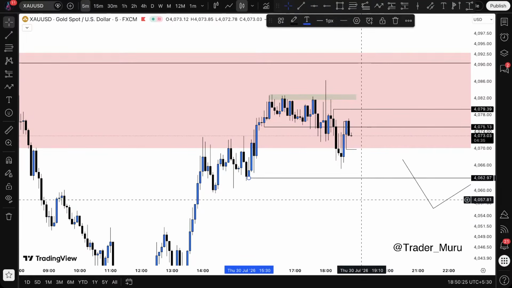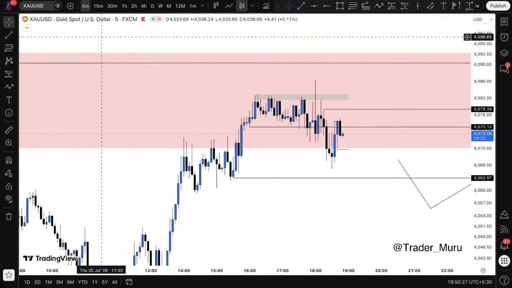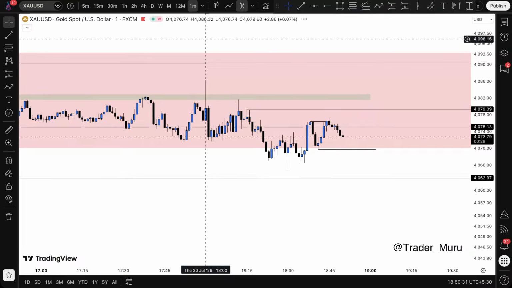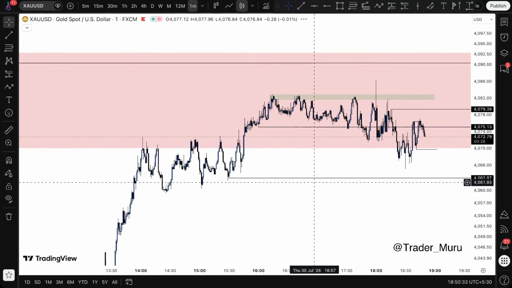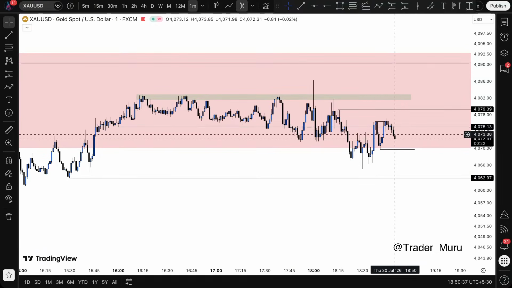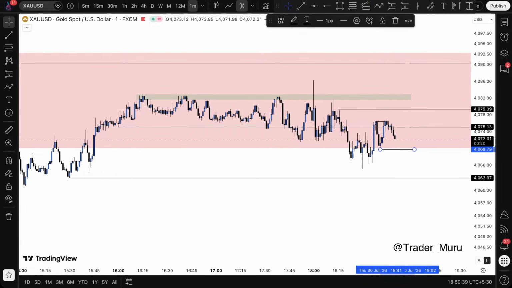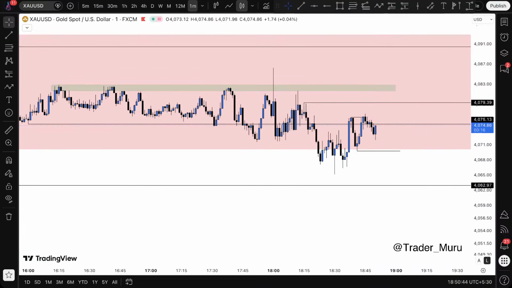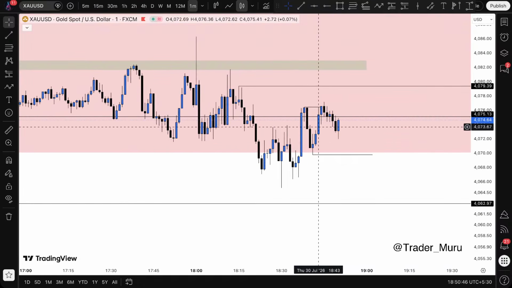Just 63. One minute momentum break. Yes, good. We close below here, so it can test here. Even in 1 minute, it is going for a test.